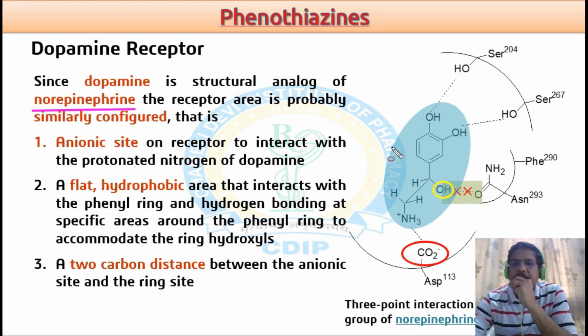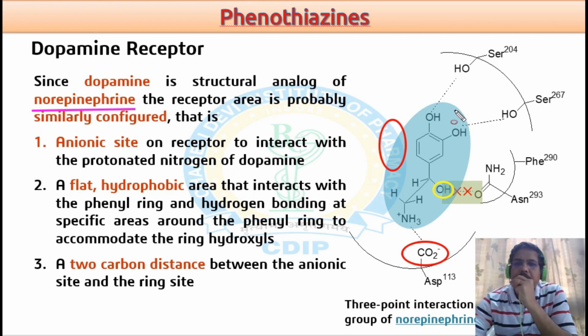Then there are some hydrophobic zones, in which the hydrophobic interaction occurs with this aromatic ring.